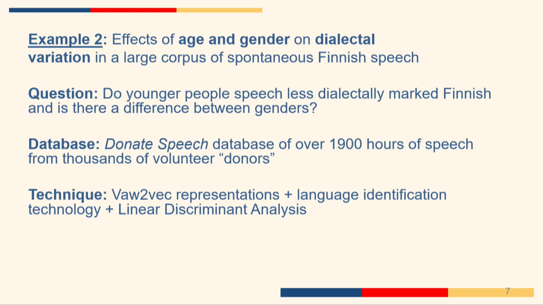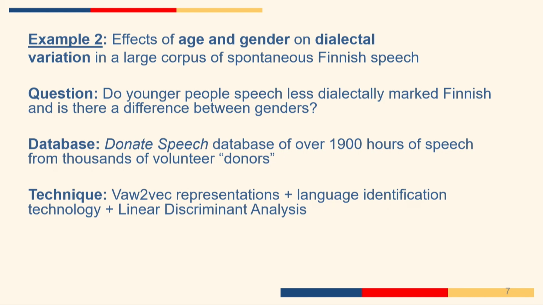Of course, the quality of the material varies. People called in, so some people had iPhones, some people called from the car, and some had kids crying around and whatever, so it's varied. The metadata are completely voluntary, so we have to just trust them. On average, they are fine. Some people didn't want to publish all information about themselves, so there are gaps in metadata. You can imagine that this is a tough database to work with.